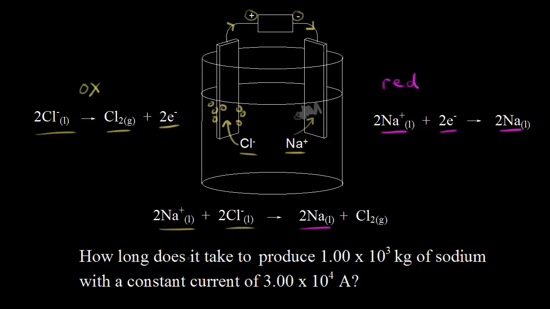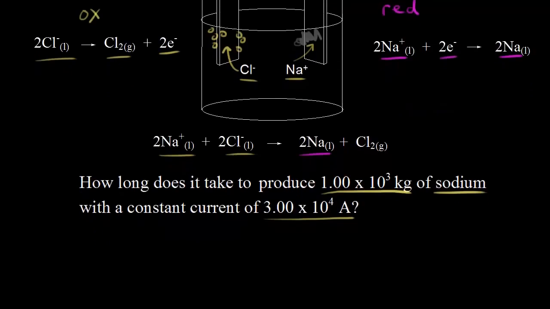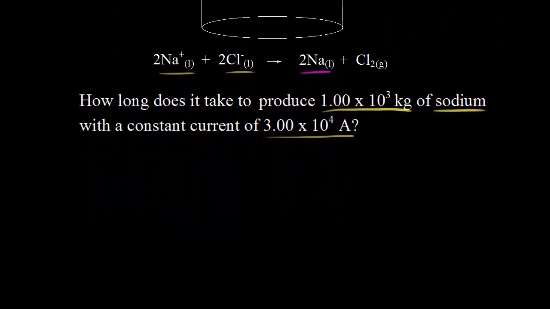How long does it take to produce 1.00 times 10 to the third kilograms of sodium? That's a lot of sodium, with a constant current of 3.00 times 10 to the fourth amps. So we have another quantitative electrolysis problem here. This one's a little bit harder than the one we did before, but we're going to start the same way, with the definition of current.